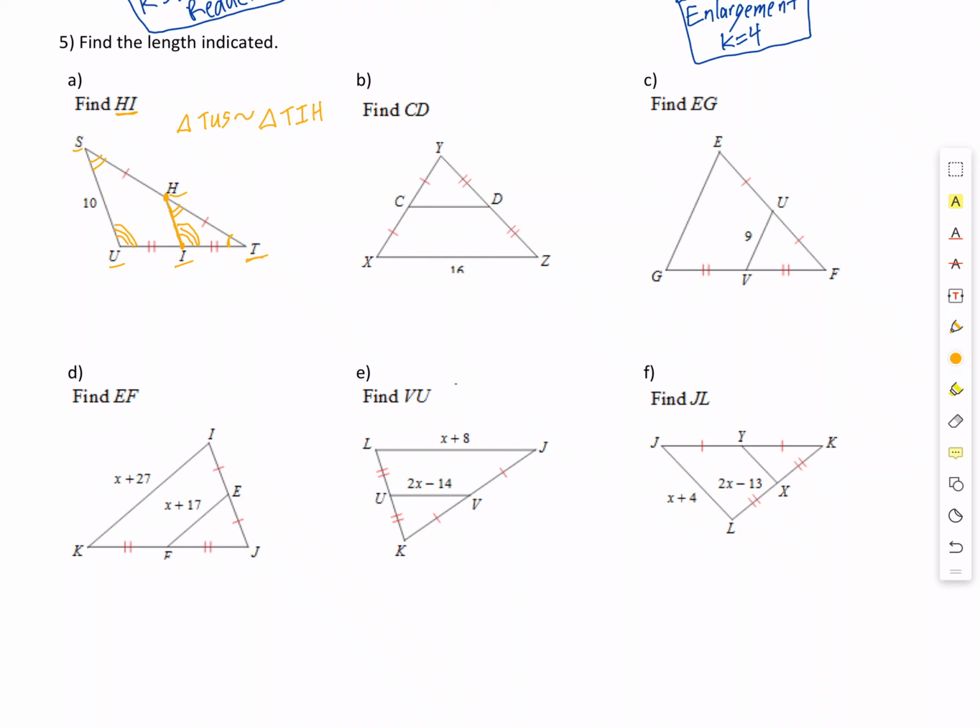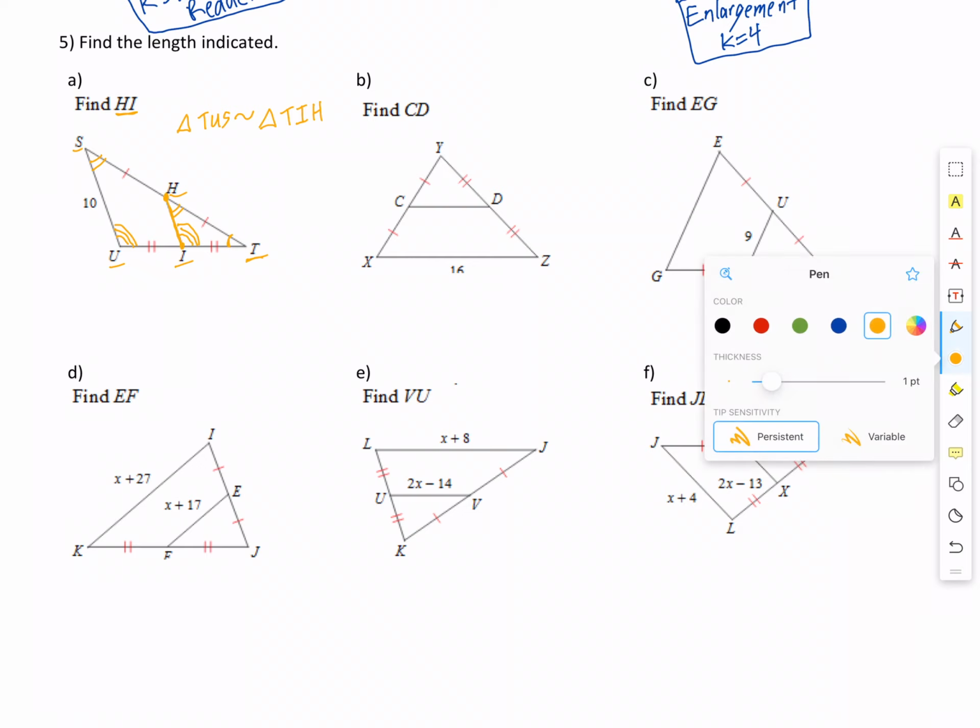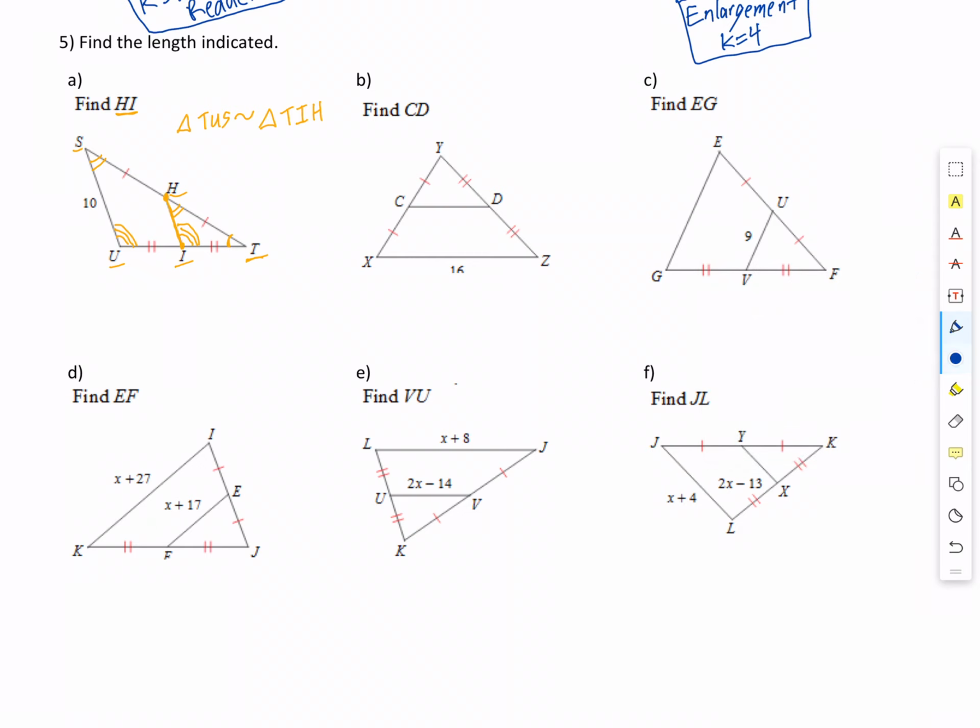So knowing that, if we look at just side lengths, we know the length TU corresponds to the length TI. But we can see with these double lines here, that means those two lengths are the same.